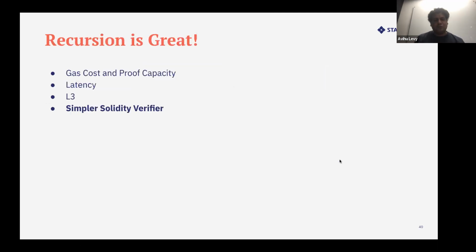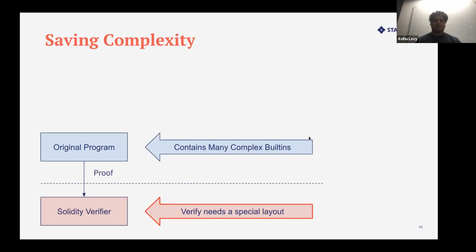Okay, what other benefits does recursion bring? I think there are a few more, but I will only touch one last important improvement. Maybe I should step back for a second.